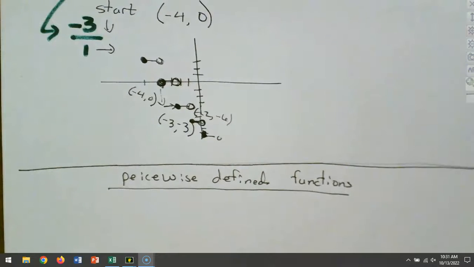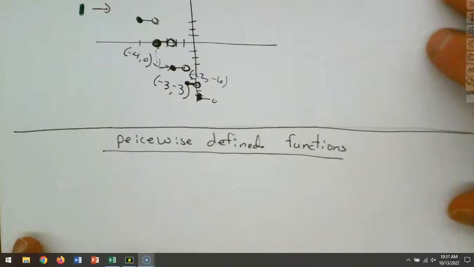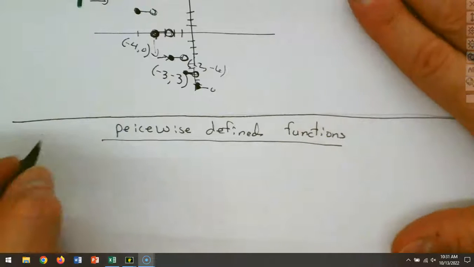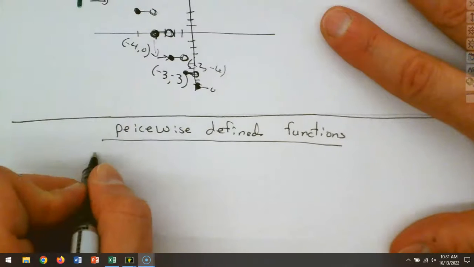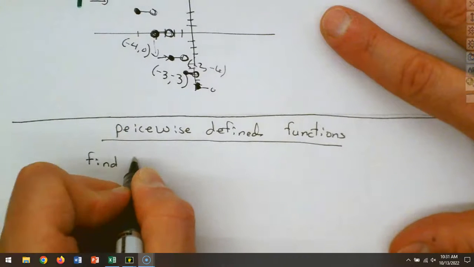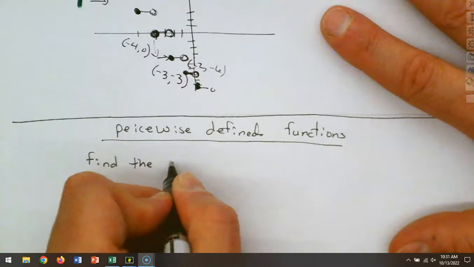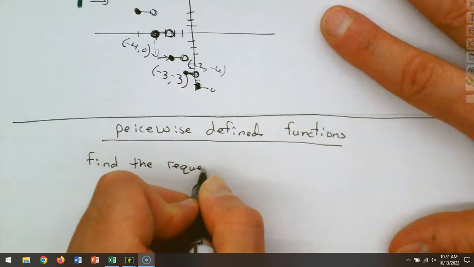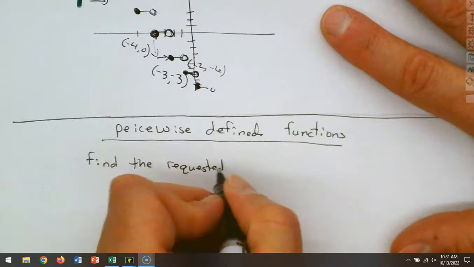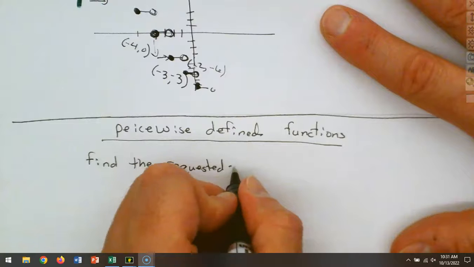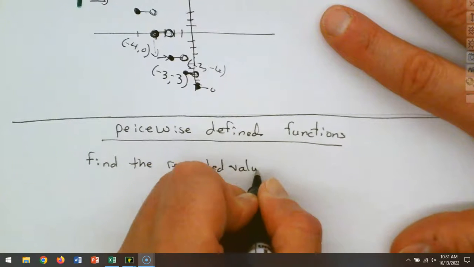Let me make sure I get the inequalities right here. We're going to first learn how to evaluate them. We're going to find the requested values.